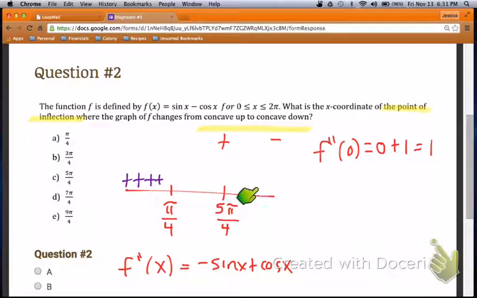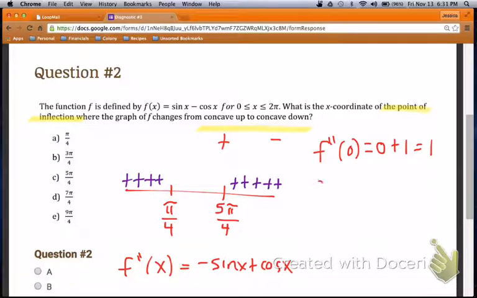And that automatically tells me that these values over here are also going to be positive, because I'm thinking of a number bigger than 5 pi over 4, for example 2 pi. And if I plug 2 pi into that as well, I get the same answer. I get positive 1. So I know these values are going to be positive over here. And then in between, I'm thinking of a value between pi over 4 and 5 pi over 4. You can use any of them, but in my opinion, the easiest one to use is probably pi.